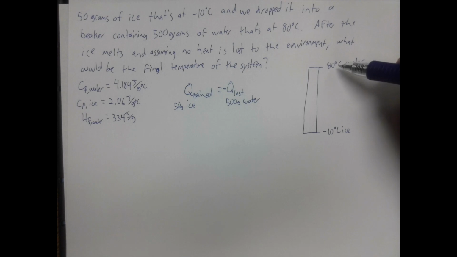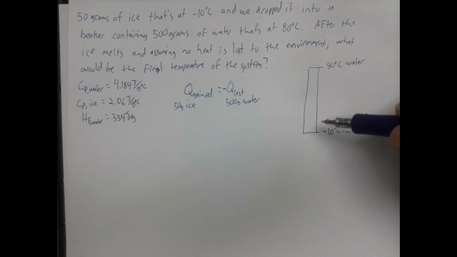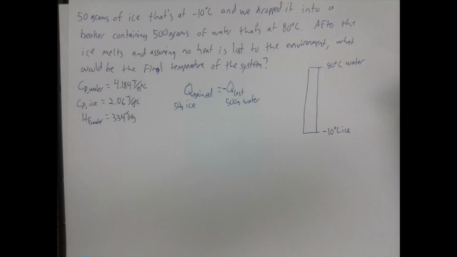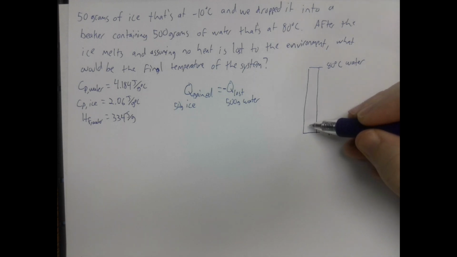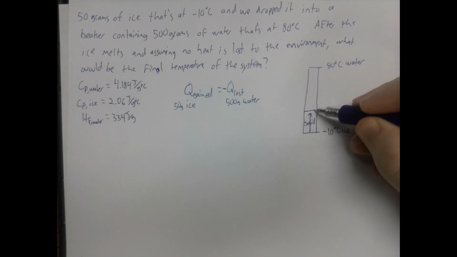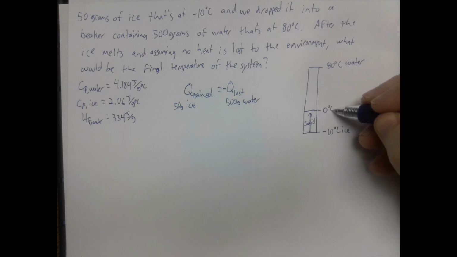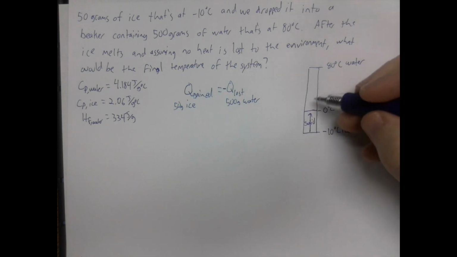The water is going to cool off until it also reaches the same temperature. At the end, they'll both meet at the same temperature. The ice starts out as a solid. It's going to eventually reach the melting point. Melting point of water is 0 degrees Celsius, at which point it will melt.